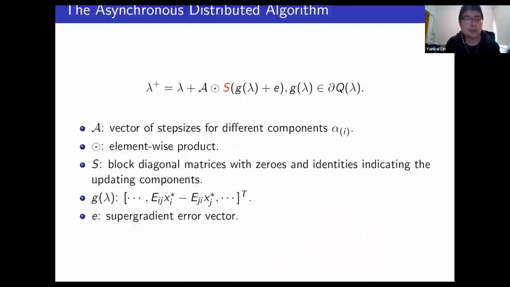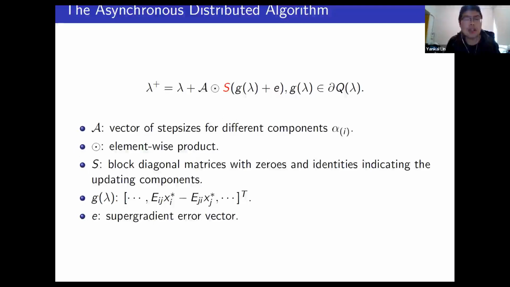And this is roughly what our asynchronous distributed algorithm looks like. For simplicity, we write our algorithm in this form. Since it's a dual algorithm, we're only going to present the algorithm for lambda. Here, lambda updates according to this formula. I'll explain these terms one by one.